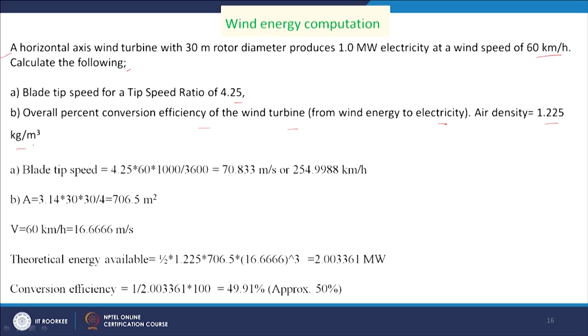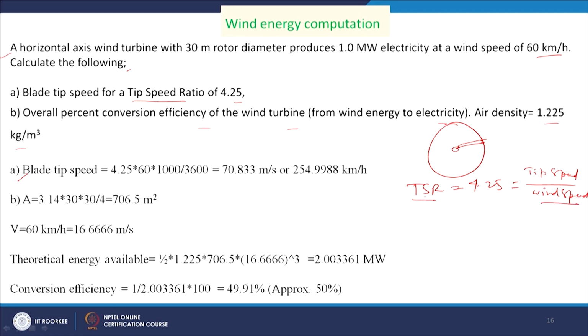We have to calculate the blade tip speed, that means if we have a blade here, this tip speed we have to calculate, and it is given that our TSR is equal to 4.25, and TSR is equal to tip speed by wind speed. So, tip speed is equal to wind speed into TSR.